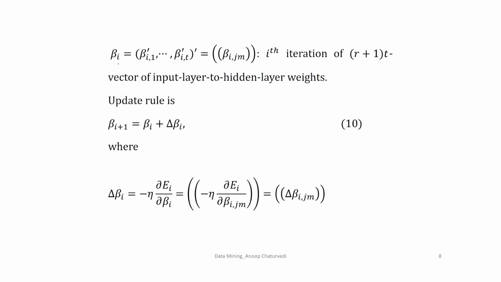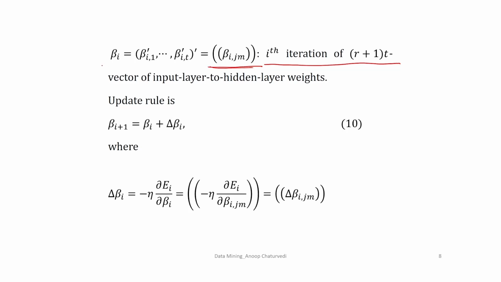Further, we are writing β_i equal to (β_i1^T, β_i2^T, ..., β_iT^T)^T. We write it equal to the vector with the elements β_ijm. So, this is the ith iteration of the (R+1)T vector of input layer to hidden layer weights.